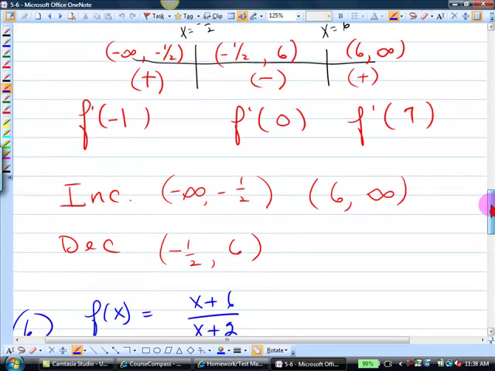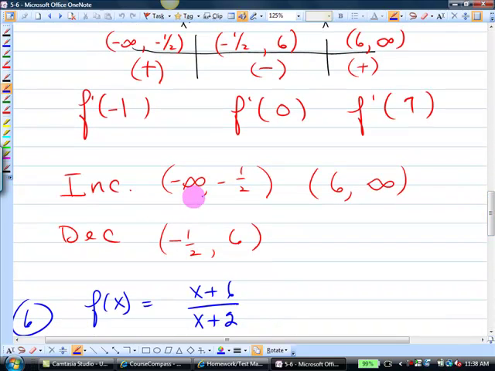All right, so it's increasing from negative infinity to negative 1/2, and from 6 to infinity. Increasing, positive; decreasing, negative. And you'll fill those in up there. So you found the critical numbers, we found where it was increasing, we found where it was decreasing. It's the same process over and over again. Questions about the process? Are we okay with that?